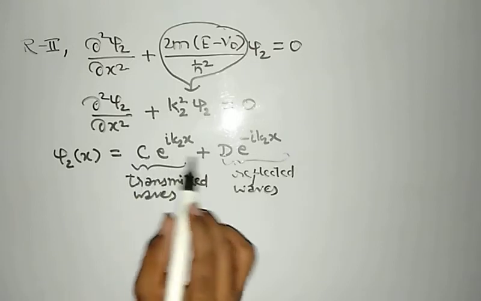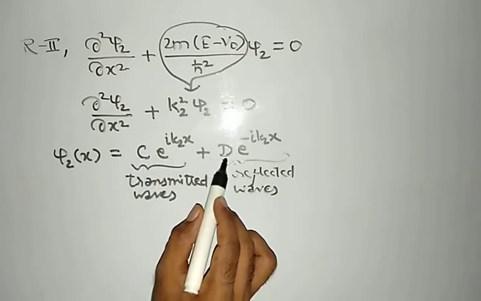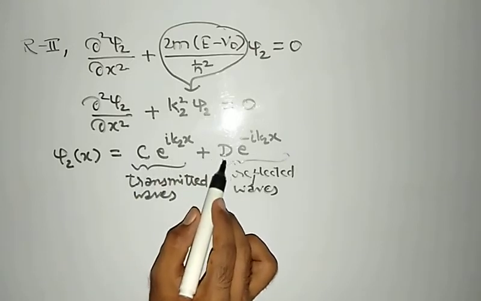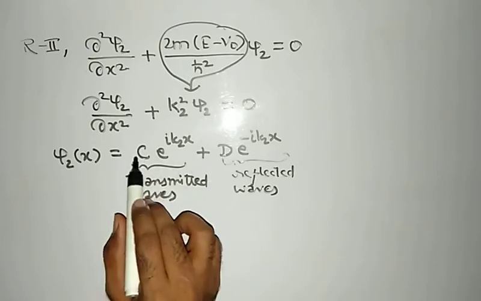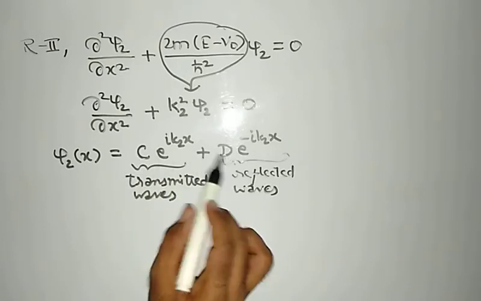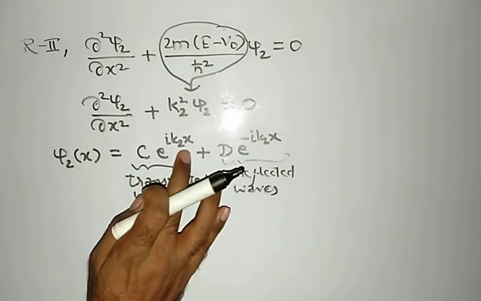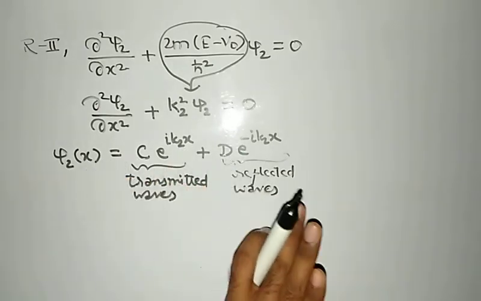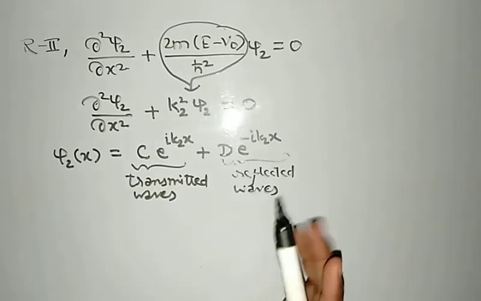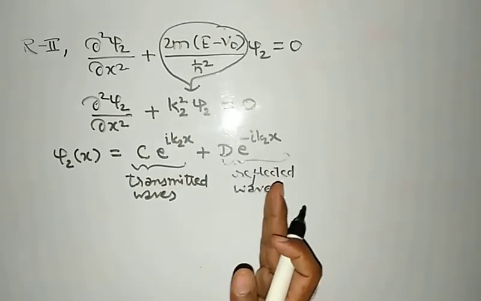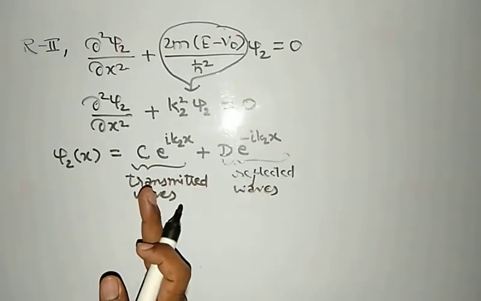So when it reflects at x is equal to a, again there will be a difference in amplitude, so C and D are taken. This is moving in the second region towards the positive x-axis, and this is reflected at x is equal to a towards the negative x-axis.